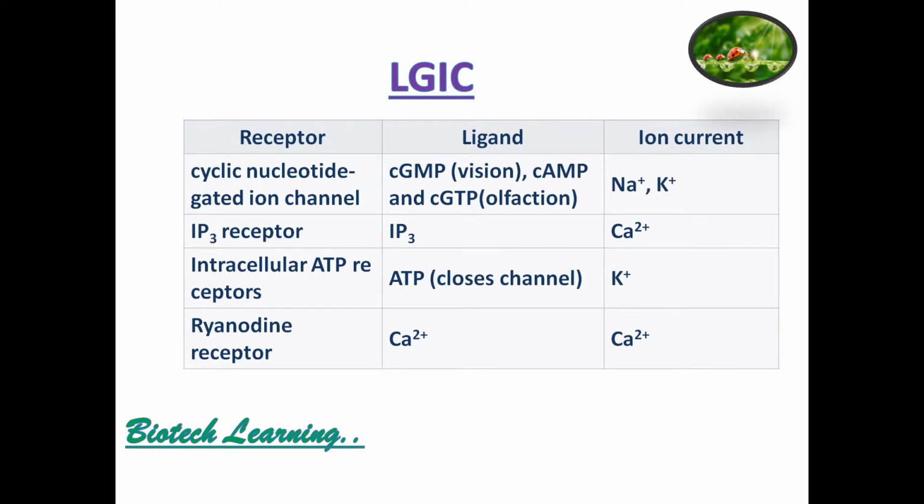Cyclic nucleotide gated ion channels. So the name may look a little difficult, but from the name itself we can identify that the ligands for these receptors are cyclic nucleotides like cyclic GMP, cyclic AMP, cyclic GTP, etc. So these are the ligands that bind to these receptors, and since this is a ligand-gated ion channel, when the ligand binds to the receptor, the ion channel opens up and the flow of ions occurs.